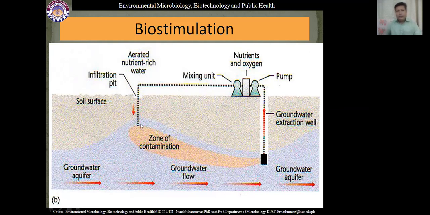Due to nutrients and oxygen, the existing aerobic microbial populations will be activated. Their population will increase, and if the population increases, their potential will increase. They will need more and more nutrients, and due to the higher microbial population, they need more food, so they will produce more metabolites and enzymes, and they will decompose this contaminant.